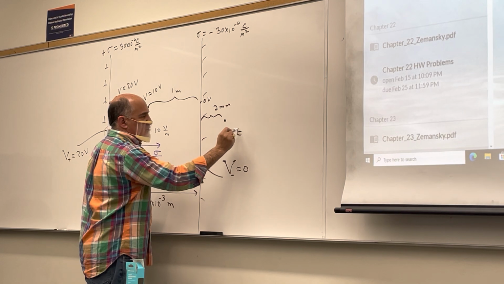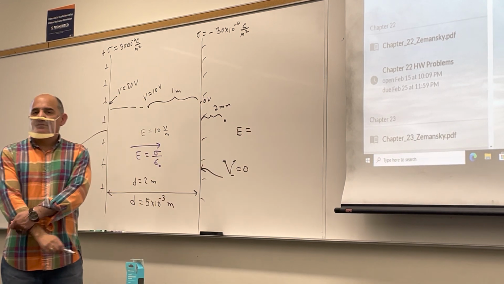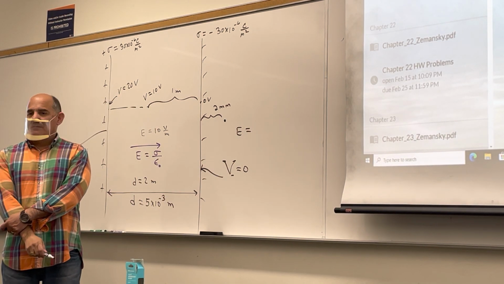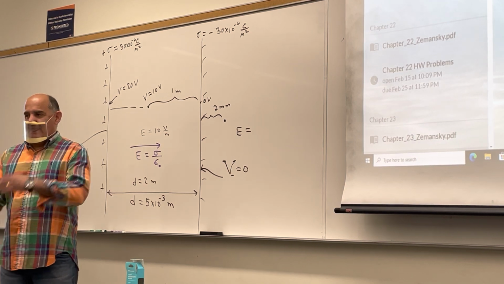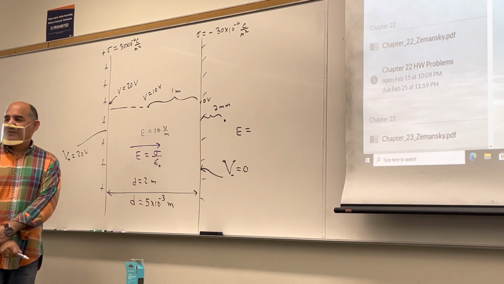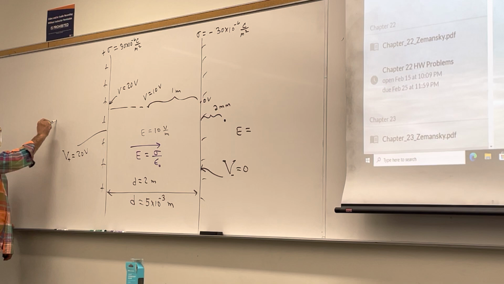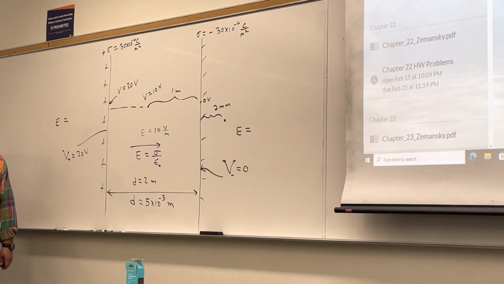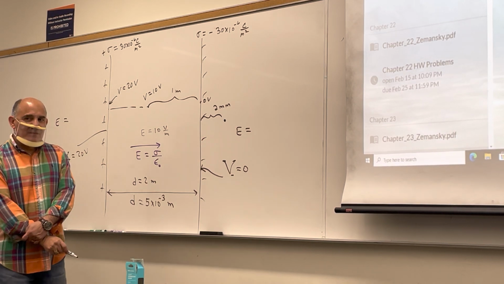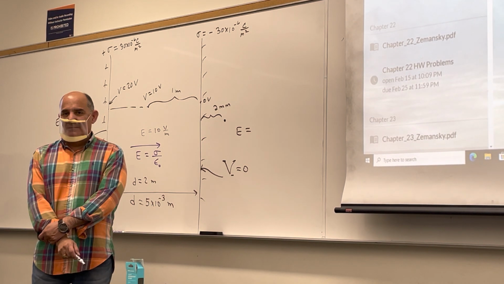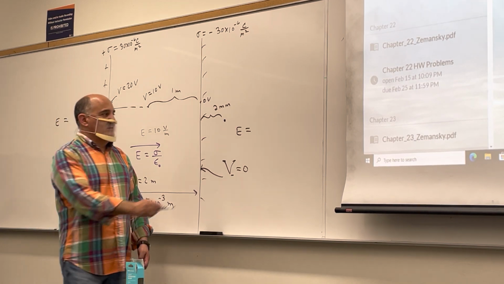What's the electric field in this region? Sigma over 2 epsilon naught. We're outside the plate. What is the electric field in this region, outside a set of oppositely charged plates? It's 0.